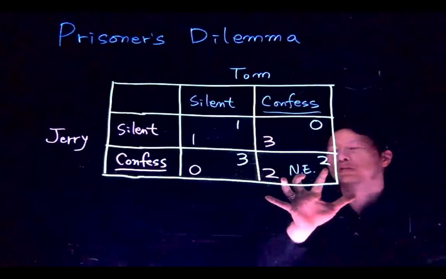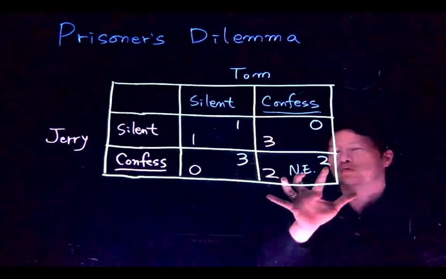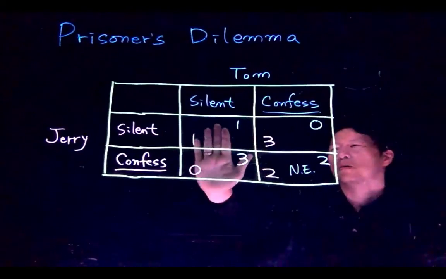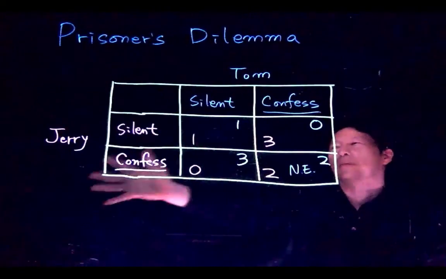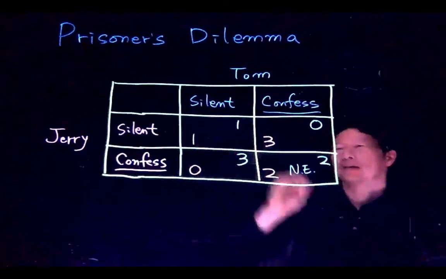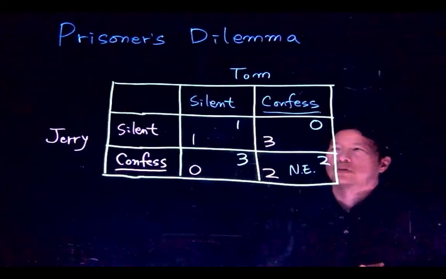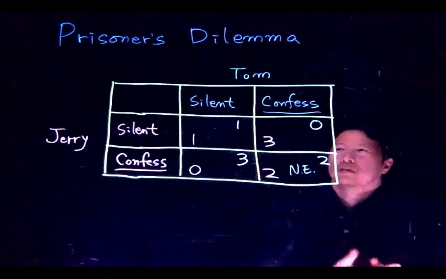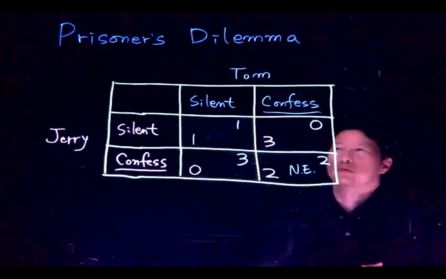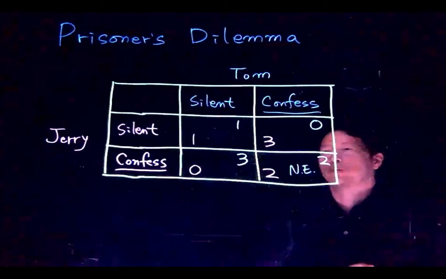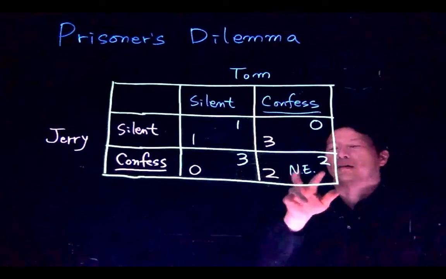Overall, this is the worst outcome, because it's 2 years plus 2 years, 4 years, compared with 0 and 3, 3 and 0, and 1 and 1. Obviously, as a group, silent is the best outcome. But because whatever the other member chooses, confess is better off, it will actually end up with both confessing.